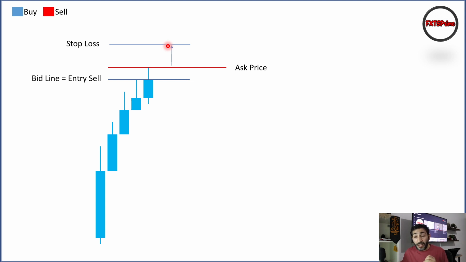So you need to figure out something here. Whenever I open a sell, that is on the bid price. However, if I hit stop loss, the top line will trigger the stop loss. So if the ask price touches the stop loss, I'm going to lose my trade, not the bid price. It is the ask price.